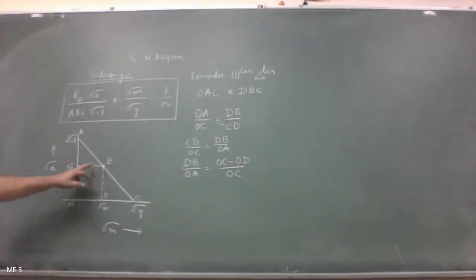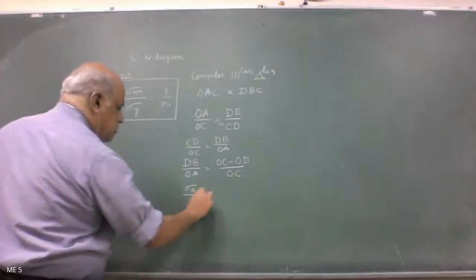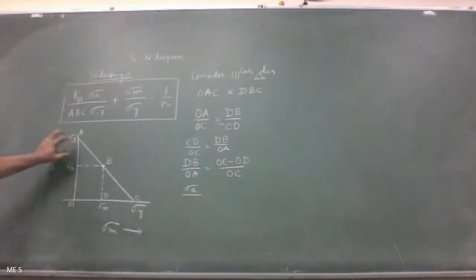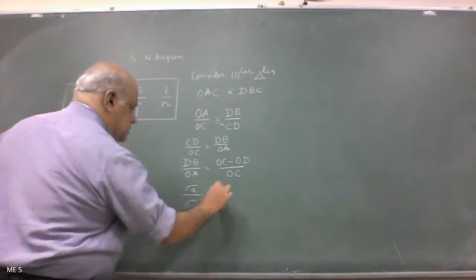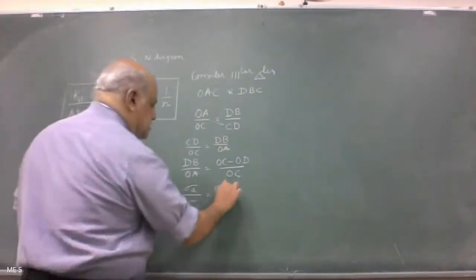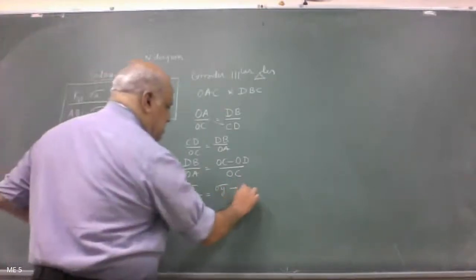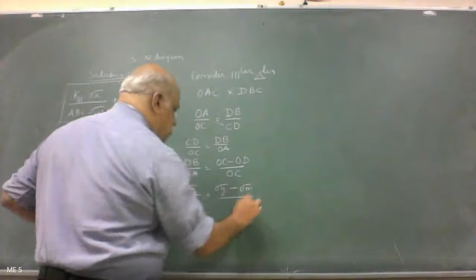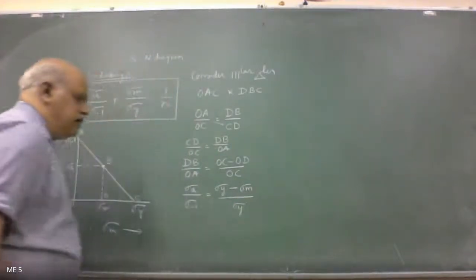Now, what is DB here? DB is sigma A. What is OA? OA is the endurance stress, sigma endurance. What is OC? OC is the yield stress, sigma Y, minus OD, which is sigma mean, divided by OC, which is again sigma Y.